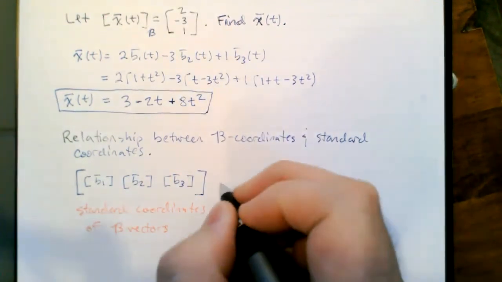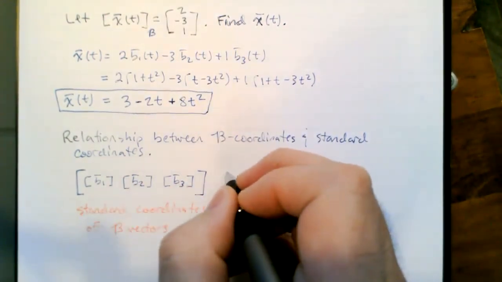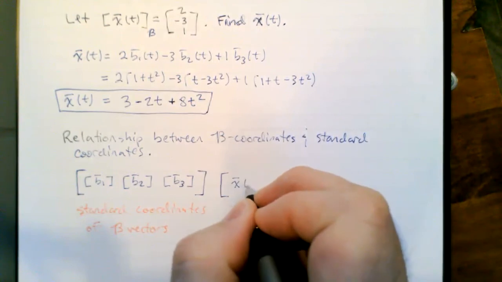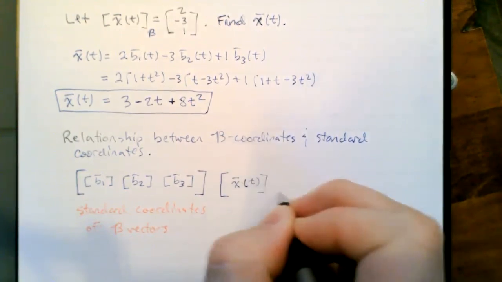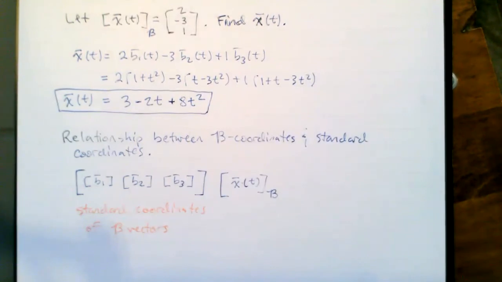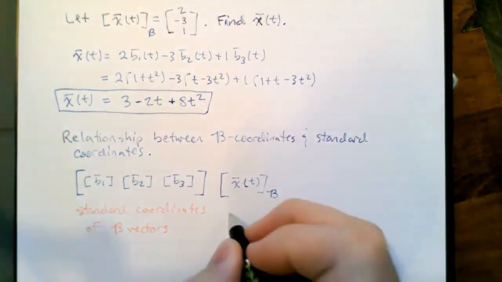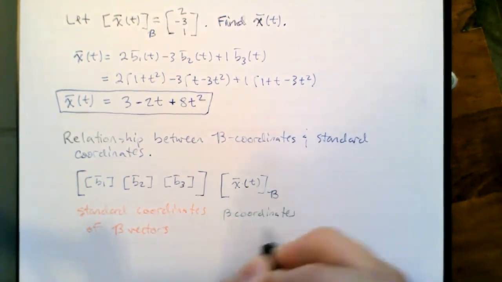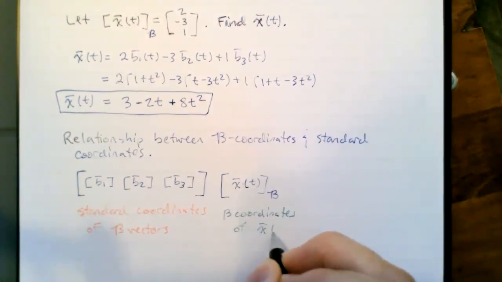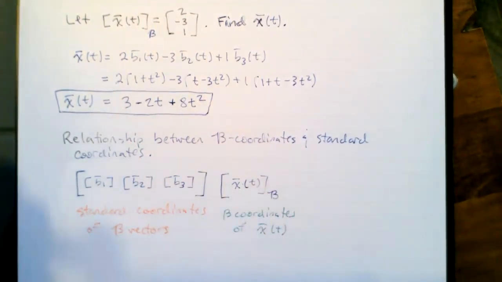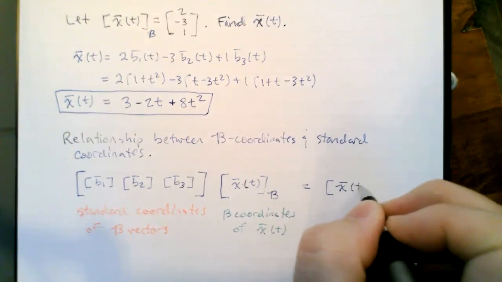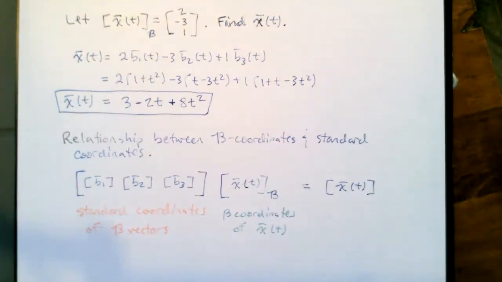So if I take the standard coordinates of the B vectors and multiply by the B coordinates of x of t, this should give us the standard coordinates of x of t. Now I multiply a matrix by a vector, so I'm going to end up with a vector, not a polynomial.